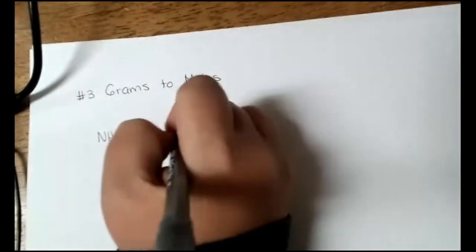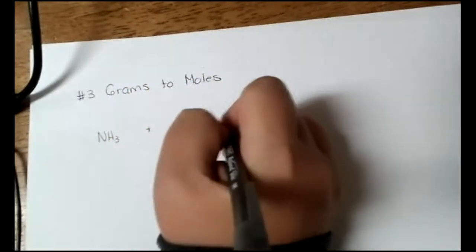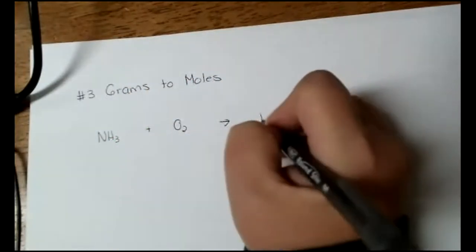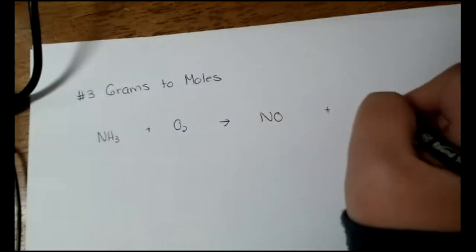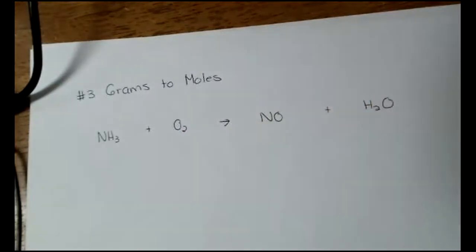NH3 plus O2 yields NO plus H2O. So this is the initial reaction that takes place when we manufacture nitric acid.